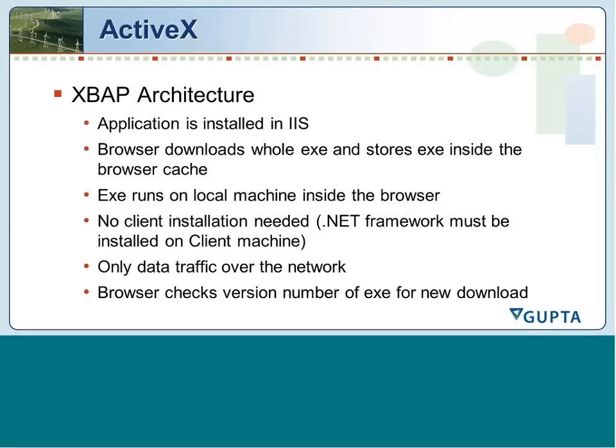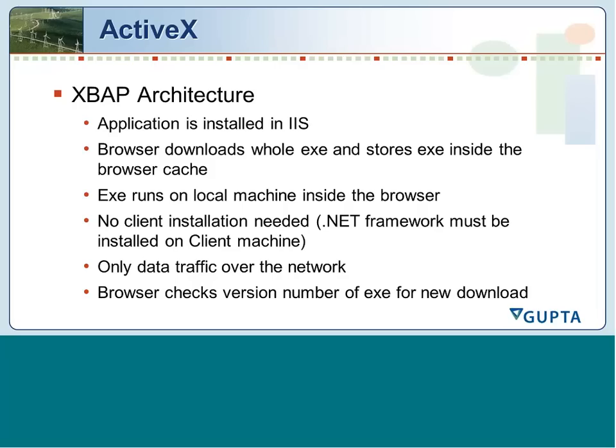The issue at this point is, if you want to change something in your application, you have to change the file version in the application settings inside the build target environment, because the browser looks into the executable, and if there is a new version of the file inside IIS, the browser will download this file. If not, the browser will directly start the executable from the browser cache.